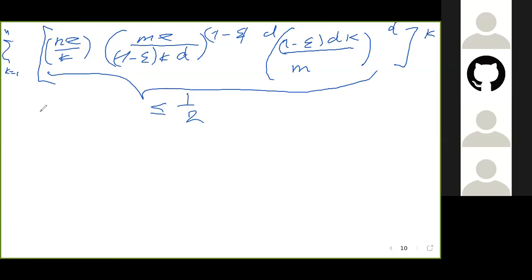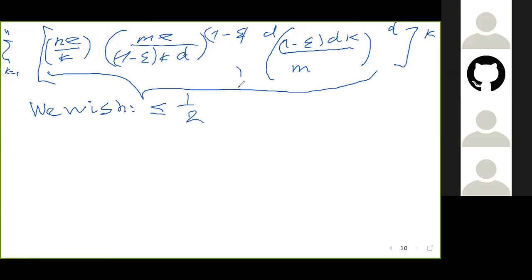So this is our goal. We wish to show that this is at most 1/2. So let's see how we can simplify this thing. First of all, we can cancel here m over (1 minus epsilon) kd to the power of d, because we have here and here the same thing.